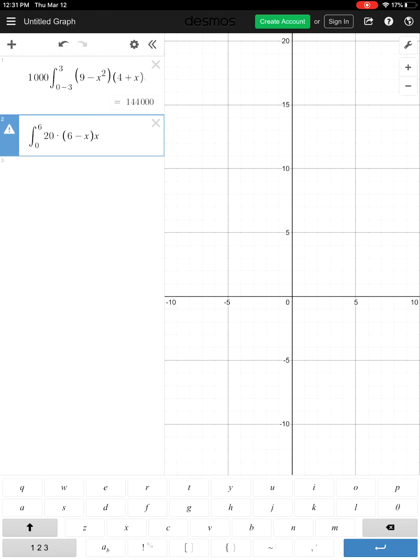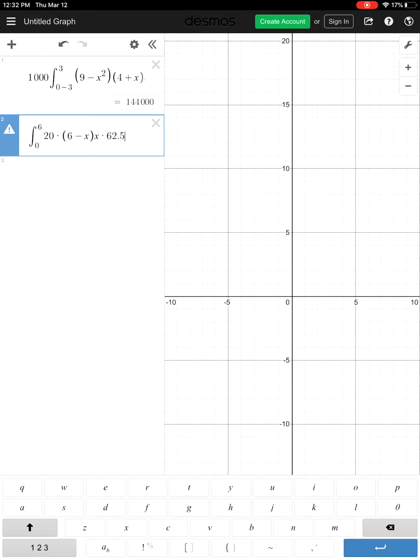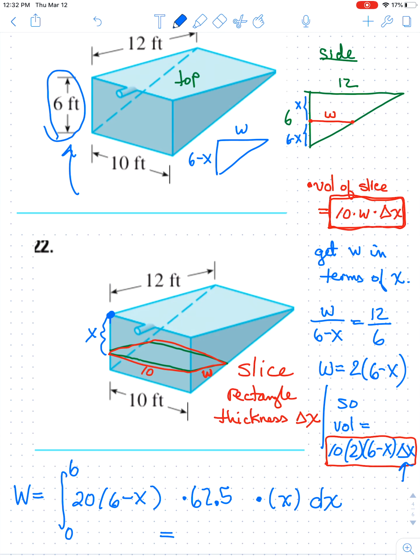Oops, and there was also a 62.5. Let's just put that in there, times 62.5, and then a dx. I'm going to get 45,000. So this value here is going to be equal to 45,000. And since we're in the US system, our units are going to be foot-pounds.